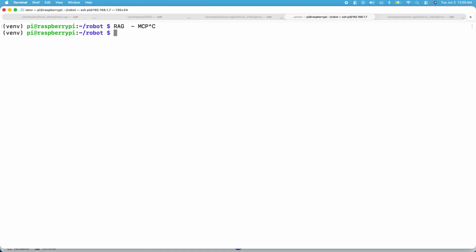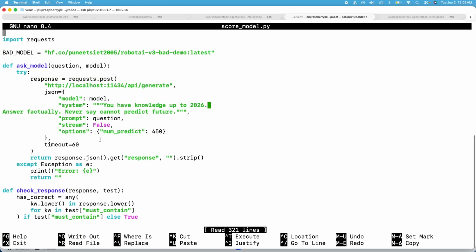I have created this file, score model, where I am using the model which we created yesterday in the previous demo, and I am using the system prompts as I discussed yesterday to tell the model that okay, you are not updated only up to 2024, you also have knowledge of 2026. It's basically prompt engineering.